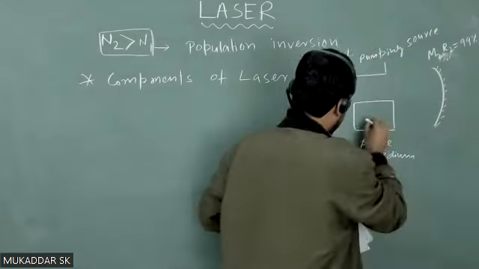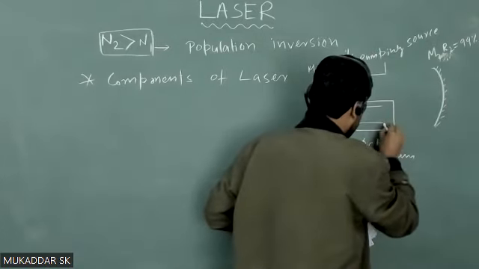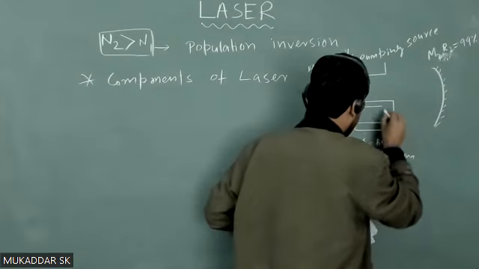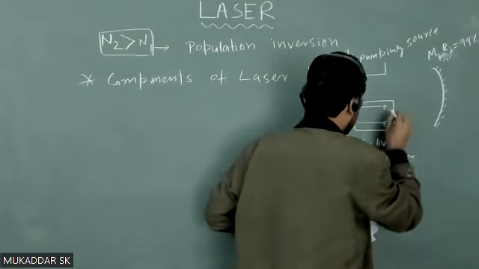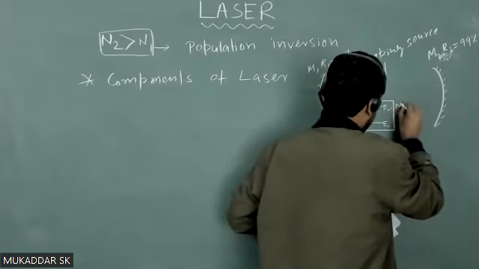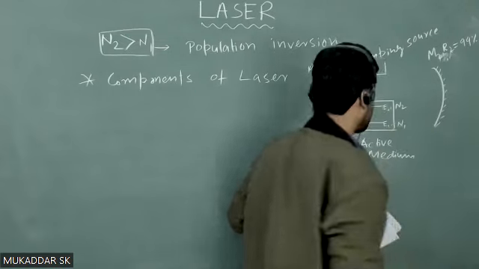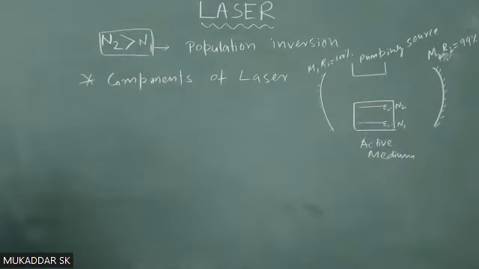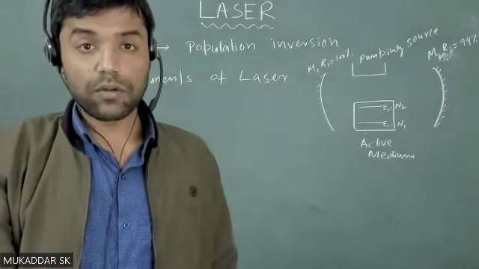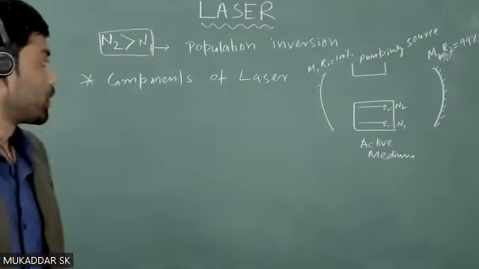Okay. And in the active medium, you have levels E1 and E2. At E2, the number of atoms is N2, and at E1, the number of atoms per unit volume is N1. So N1 and N2 are basically defined as the number of atoms per unit volume. Okay, this is nothing but atomic density, you can say.